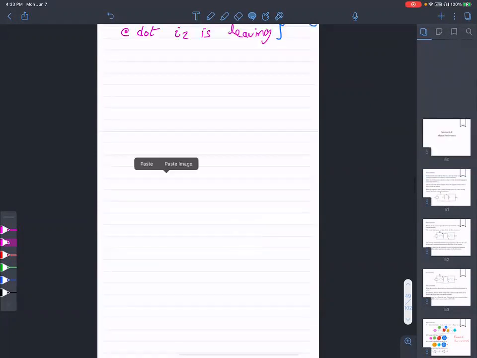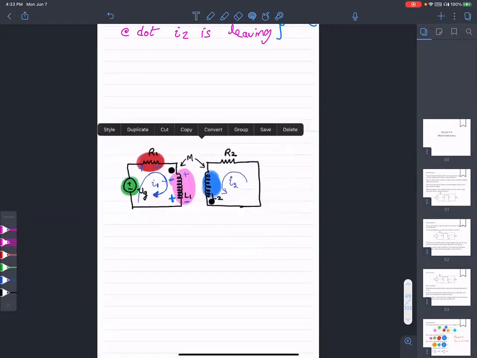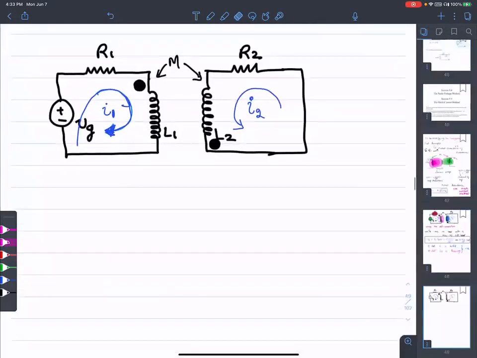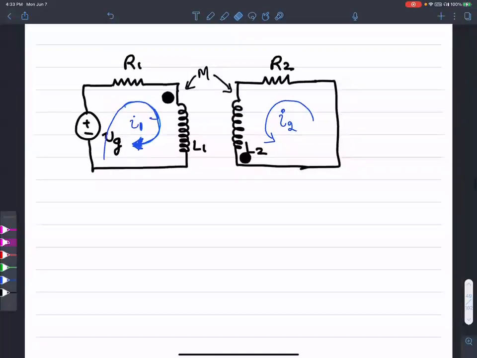Paste it. So let's revisit this as if we did not encounter this at all. Let's revisit the whole thing again with a fresh pair of eyes.